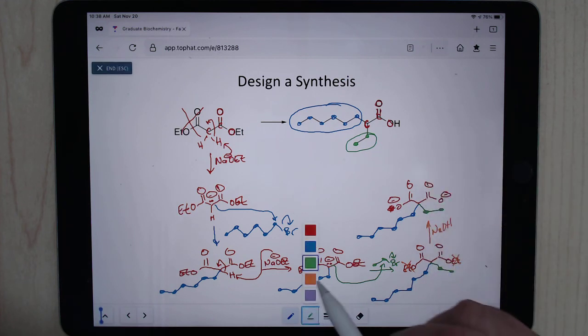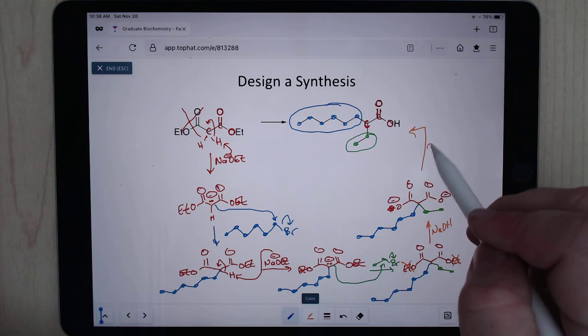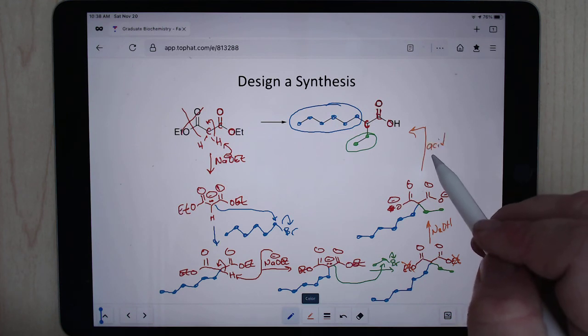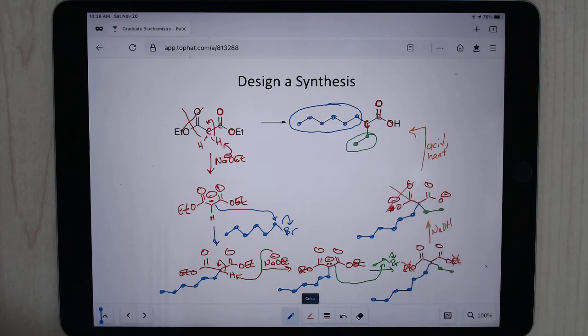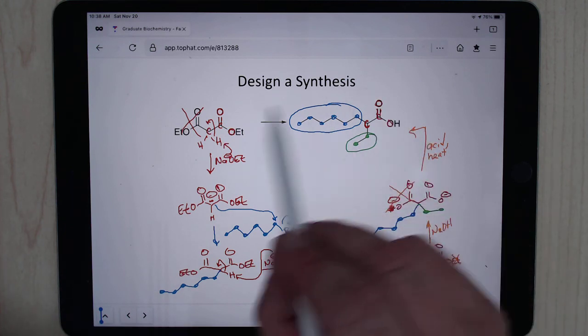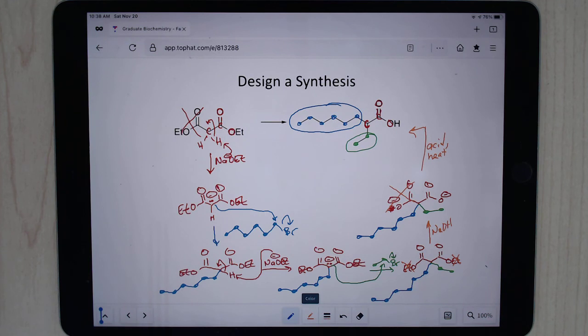And when we hit it with acid and heat, let's say this one goes away, and you're left with this. But that's how they all work. You had to get the carbon bits on, and then hit it with sodium hydroxide, and then acid and heat, and there you go.